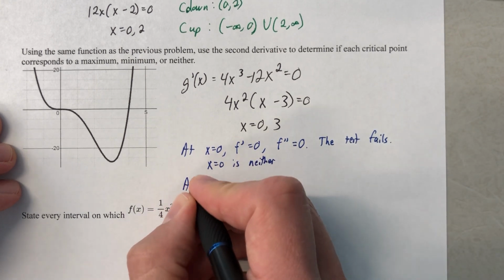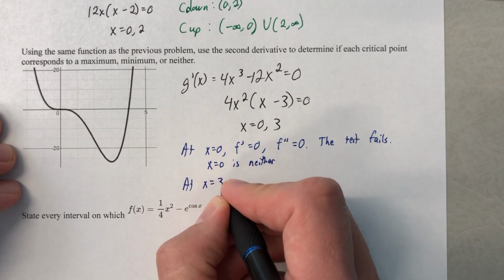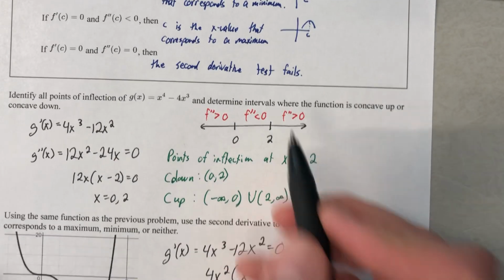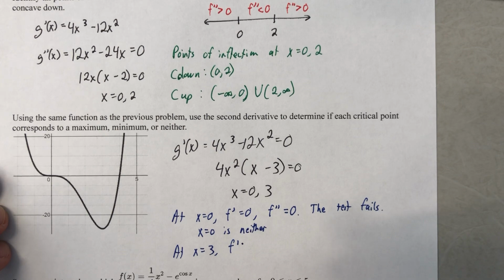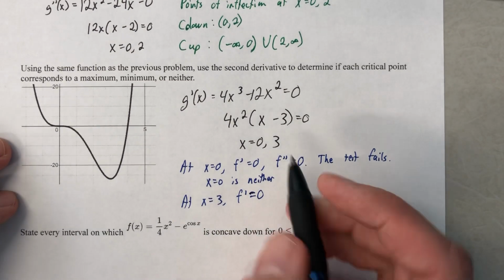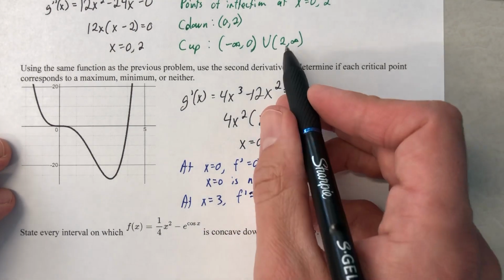All right. At x equals 3, the first derivative is, oh, wait, looking in the wrong place. The first derivative is equal to 0. That's what we just found. Sorry. I'm back up here. This is the first derivative. Here's the second.